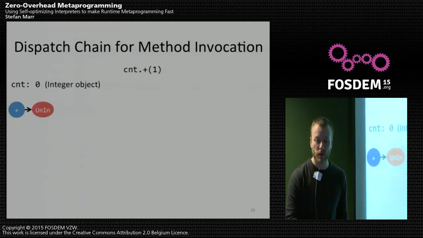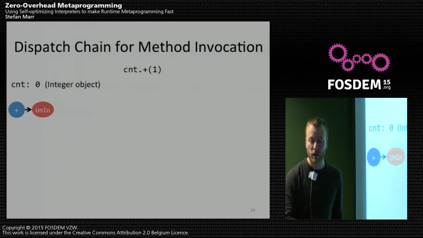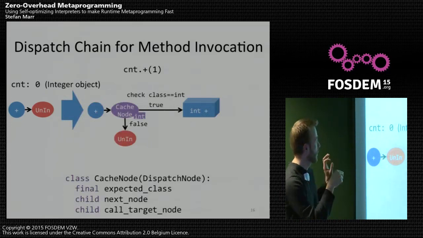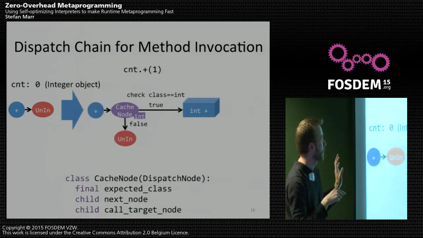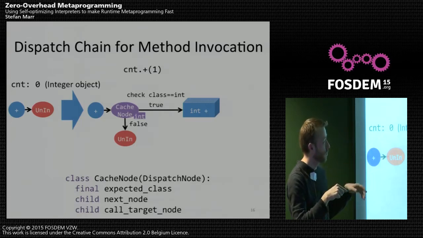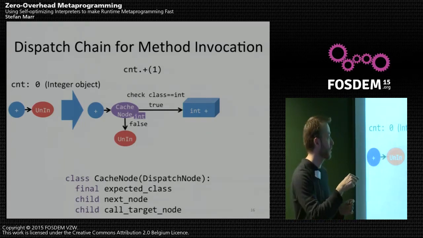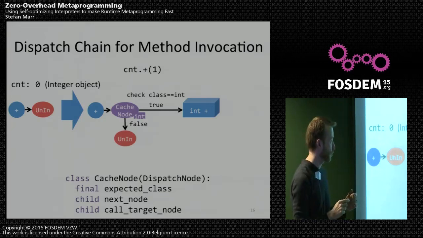So let's walk through how that works. We have our little plus here. We have our count, which has an integer object in it, so the 0, and that dispatch chain starts out in an uninitialized case. The idea now is that we execute that first message send here, and then we note, okay, we actually got an integer as a receiver. We do the lookup, we get that integer plus operation, we cache it, and we also have that check whether the receiver is still an integer, because maybe for some reason the count overflows to a large integer or something, and the receiver changes, so we need to handle that case as well.